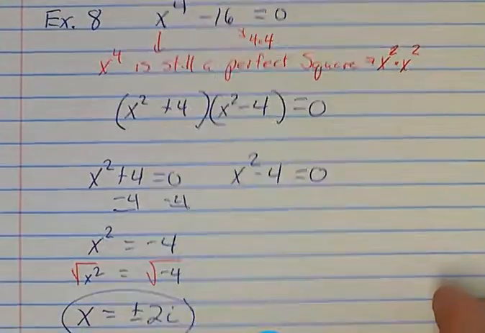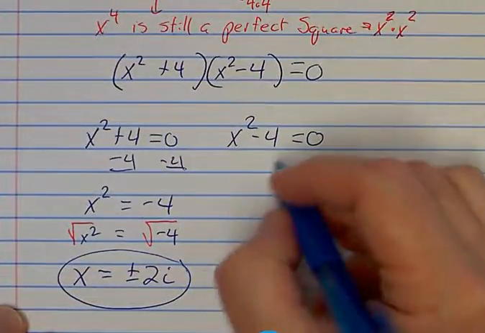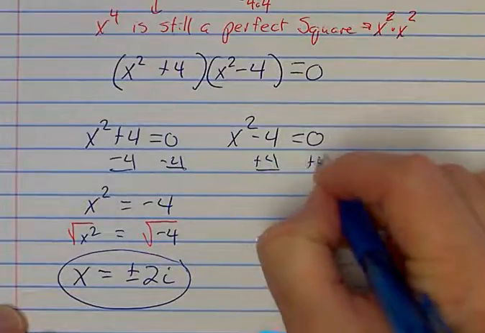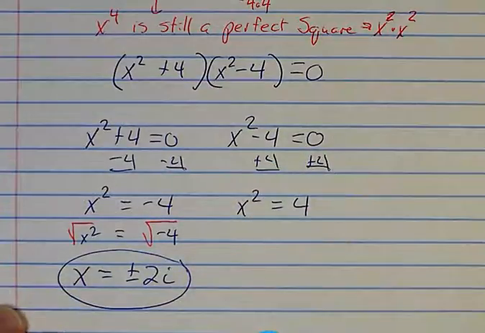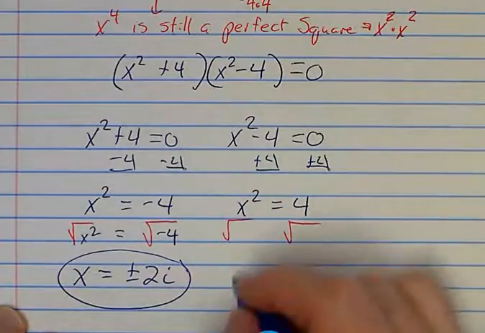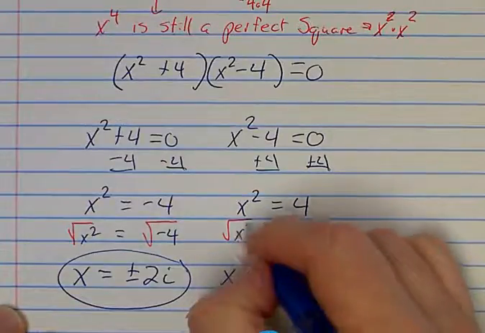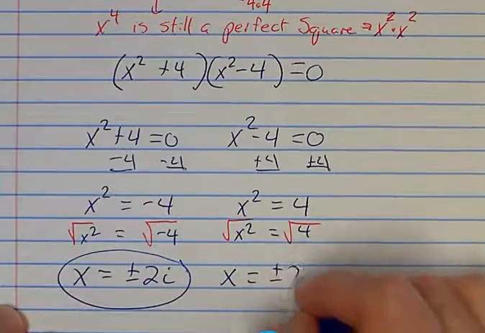So there's two answers. And then we'll get the next two from this part, where we'll add 4 to both sides. Square root both of those numbers. And with just the regular 4, it's just a plus or minus 2. No i needed for that part.